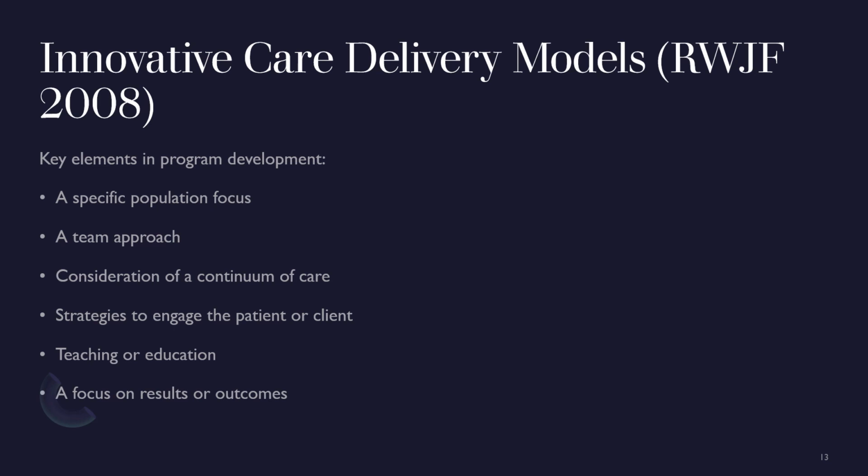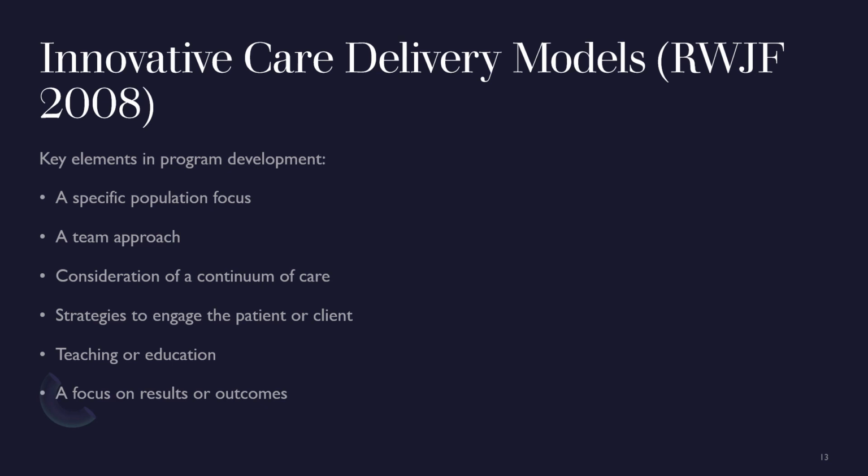So in looking at those themes in ways to improve care, they identified in this white paper that nurse leaders consider the following elements in program development, regardless of the type of care.